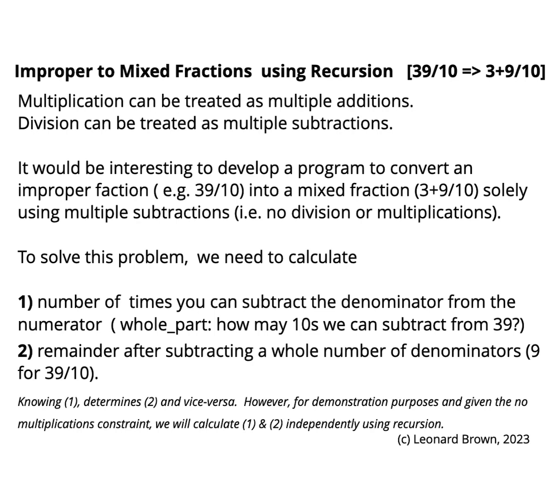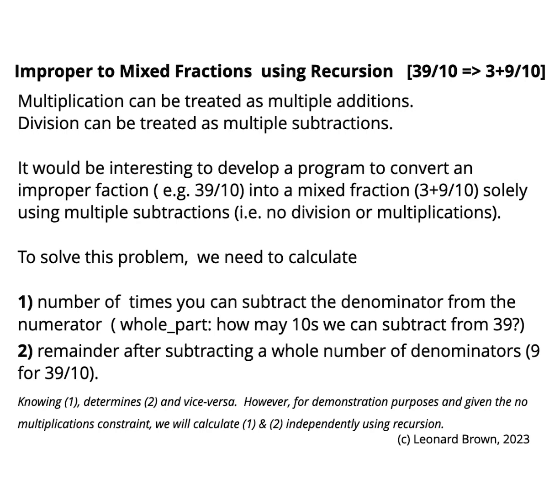To solve this problem, we will need the number of times you can subtract the denominator from the numerator, and we call this the whole part. So it's how many whole times you can subtract 10 from 39, which would be 3, and the remainder after subtracting a whole number of denominators.